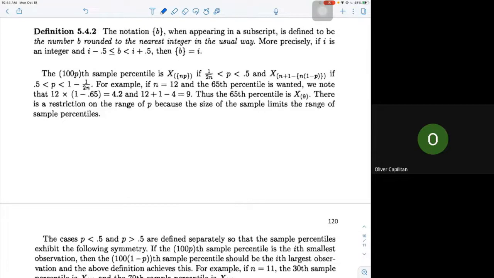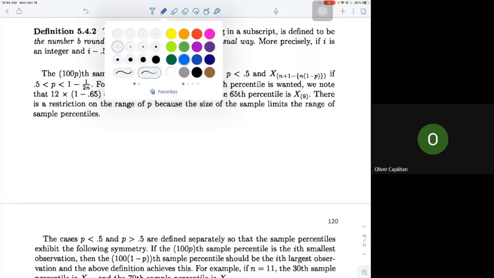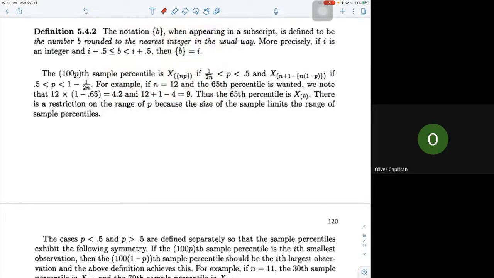Take note, it is now indicated here. We have set braces with np appearing as a subscript in our random variable. It is expressed like this: X with subscript np.